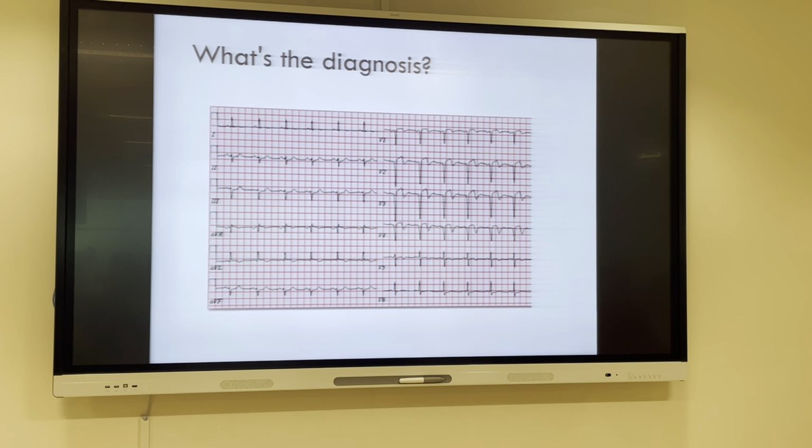Anterior MI. Anterior myocardial infarction, STEMI. Okay. Why? So you see Q waves.